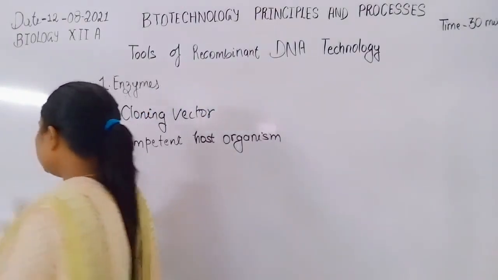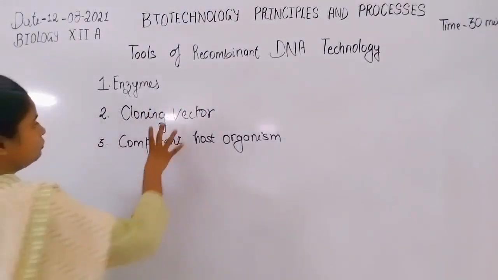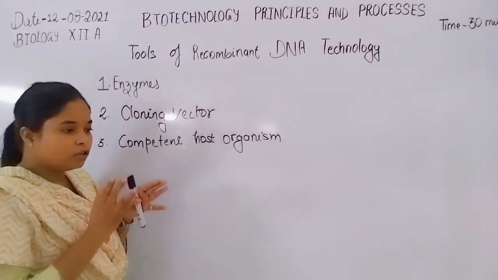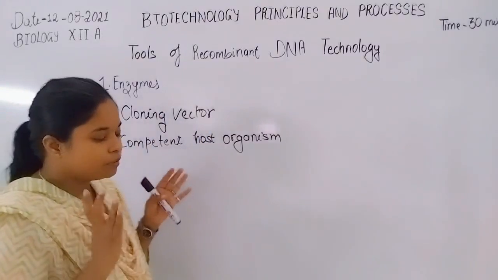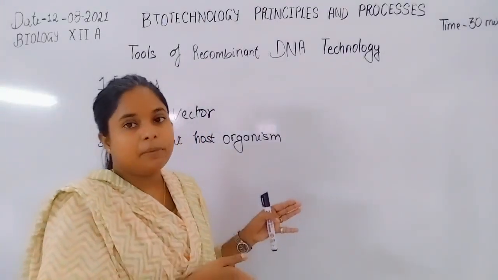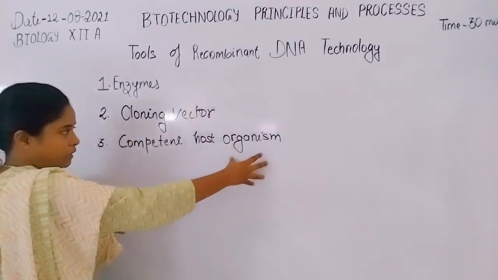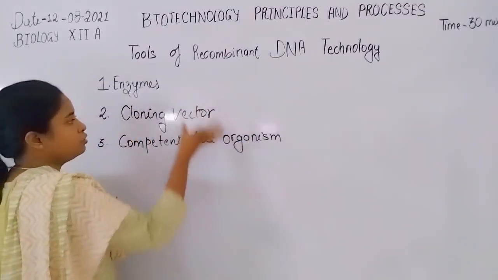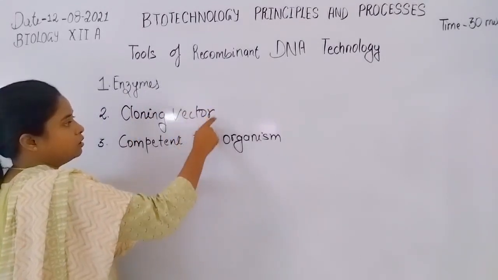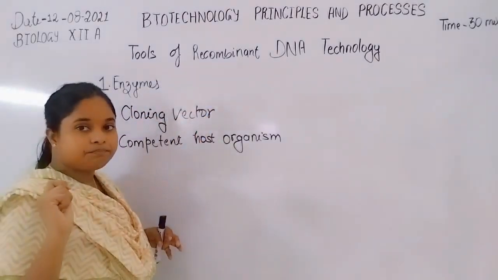For making the recombinant DNA, first we introduce our genetic material, the plant genetic material that we want to synthesize from the E. coli host cell, into the cloning vector.